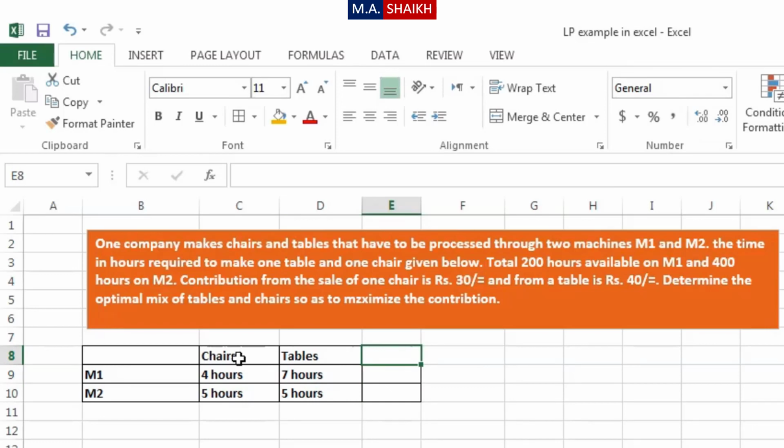Total 200 hours available on M1. So this is availability.